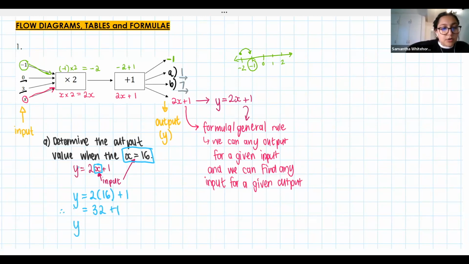And so our output value here is 33. So basically what that's saying is if I go back up to my flow diagram and I put an input of 16, my eventual output is going to be 33. And so again, this is going back to we can now find any output or any input as long as I give you some information to help you. So this would be an example of determining the output.